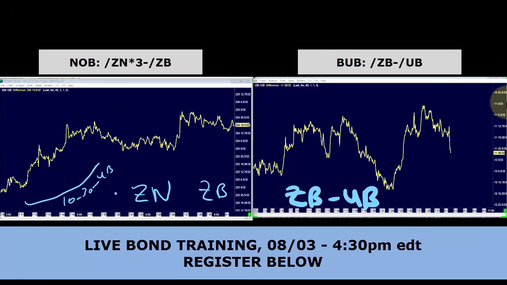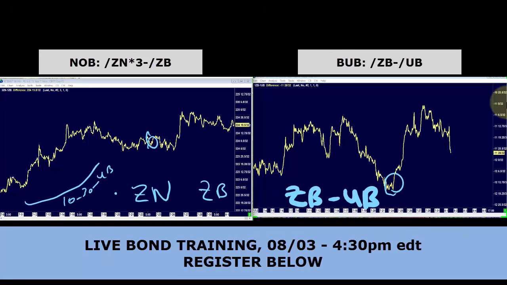So what we want to do is look for breakdowns in the market. That's really what we're doing as traders, waiting for those breakdowns to happen. And what you can see here is July 24th, ZBUB was very offered, very low relative to the knob. And if we look at the knob here, the knob was considerably higher. So ZBUB, look how much lower it is compared to the knob relative to one another.